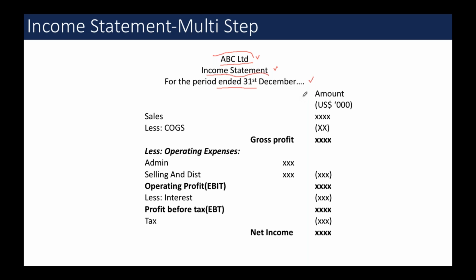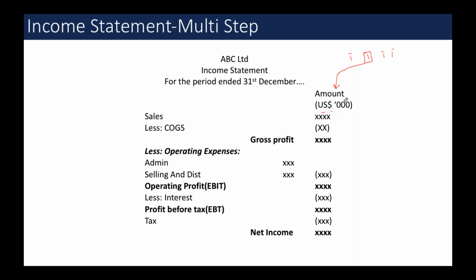The company may be an MNC, multinational company, operating the business in different countries, dealing with different currencies. In that case, what is our reporting currency? Say, for example, our parent country is the US. So the reporting currency should be mentioned here. Amount in US dollars.